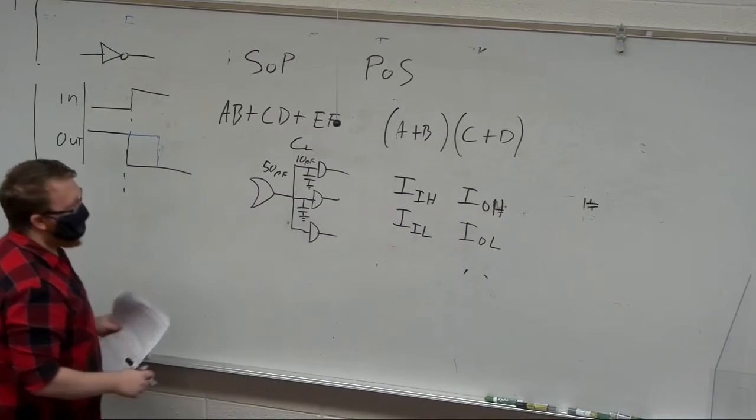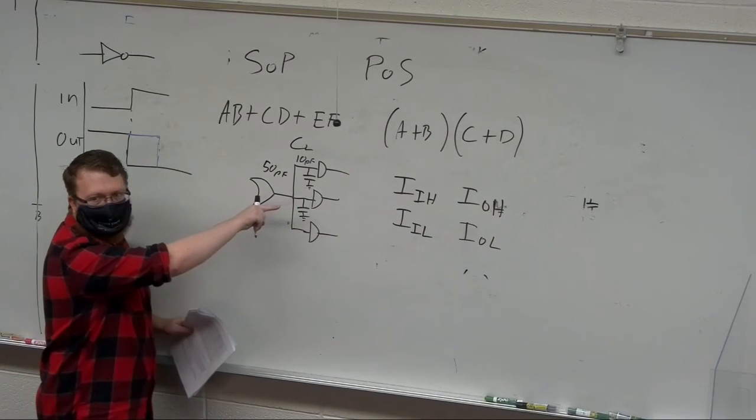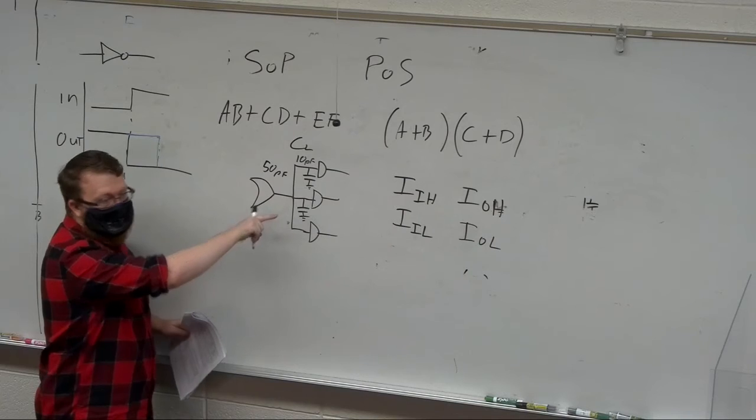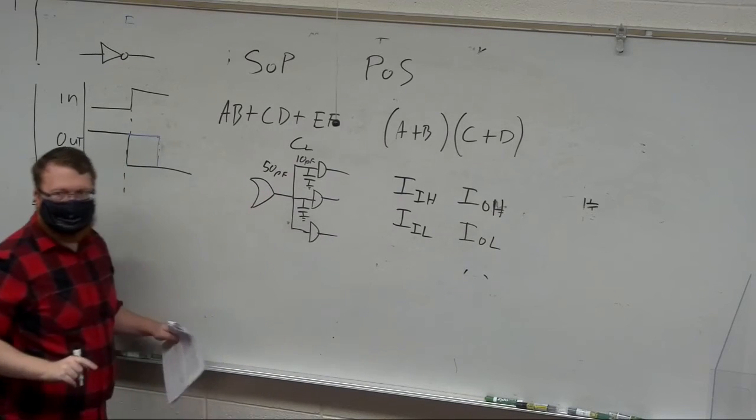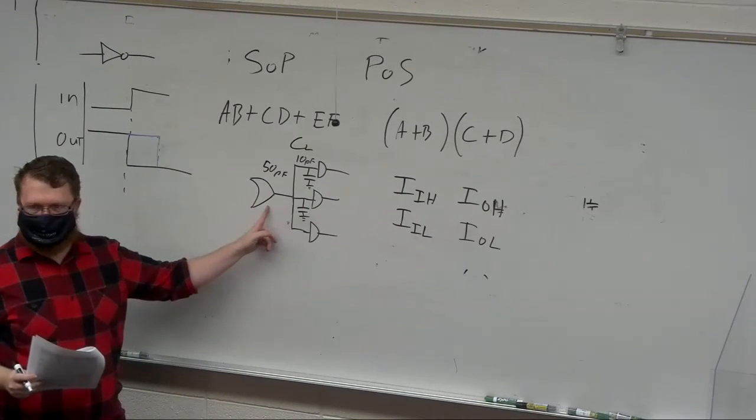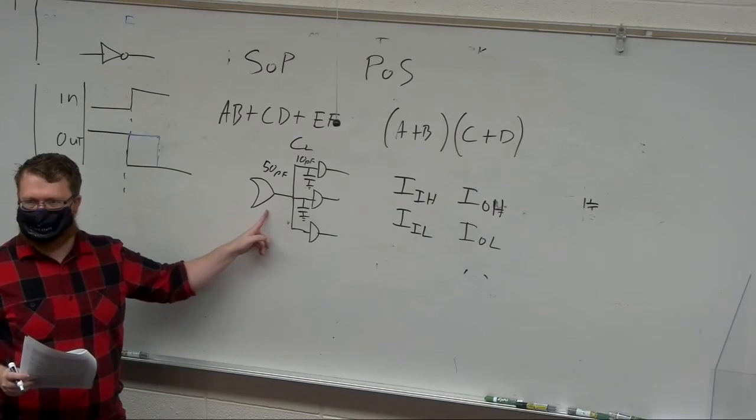That's saying this is going to have some maximum output current, and these are all going to have input currents. If the input currents exceed the output current, we're going to have a problem in this device.